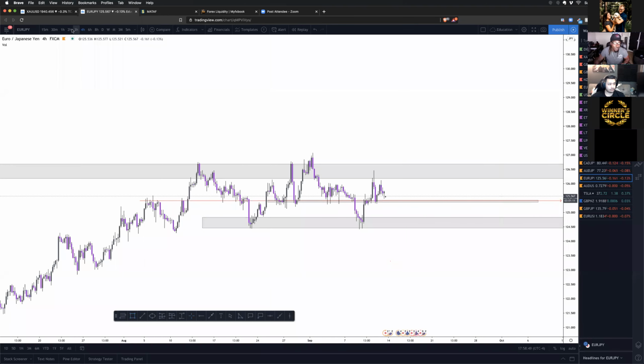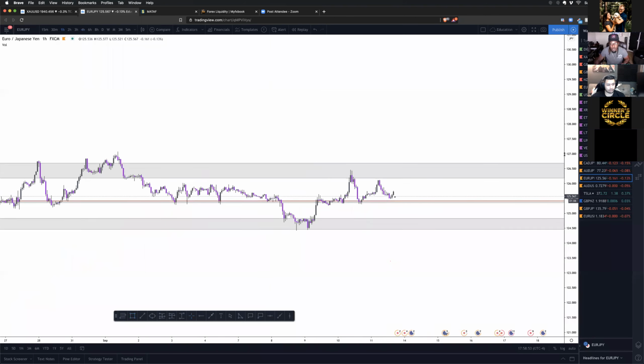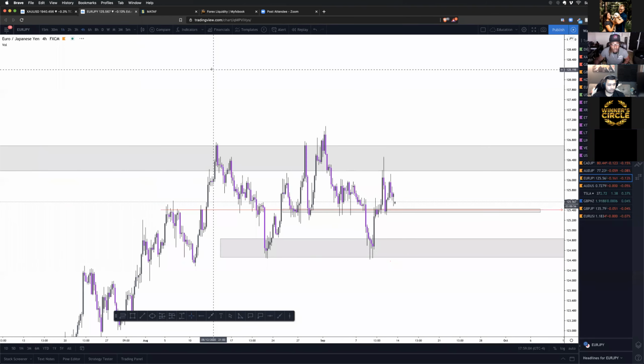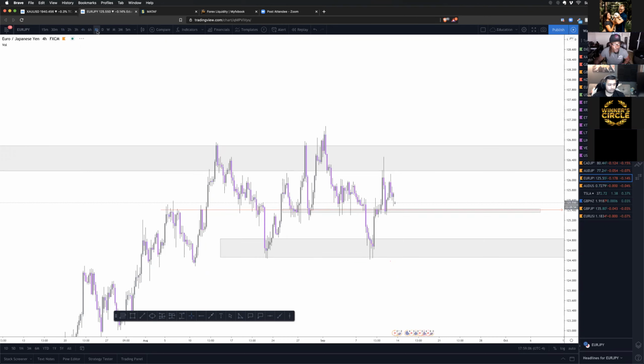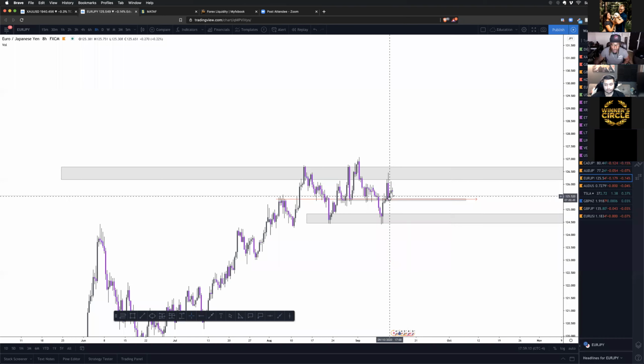Yeah, so price is just too choppy for me to even give you a confident bias based on what the 4 hour, or even if we say 8 hour, is looking like. I'm seeing lower highs form.